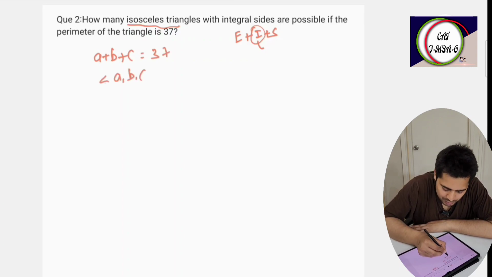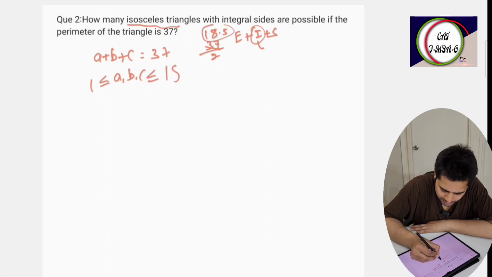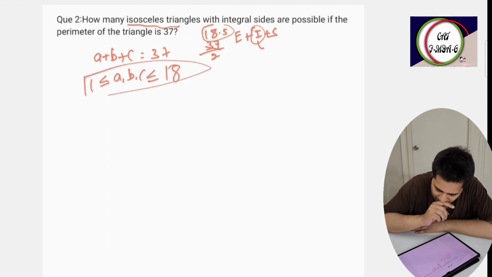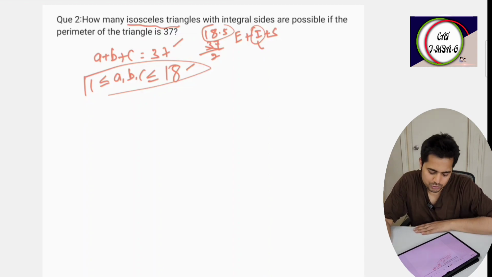A, B, C lie between 1 and the semi-perimeter, which is 37 by 2, 18.5. So less than that, 18. Now 37 and 18 difference is huge. There are going to be a lot more solutions.